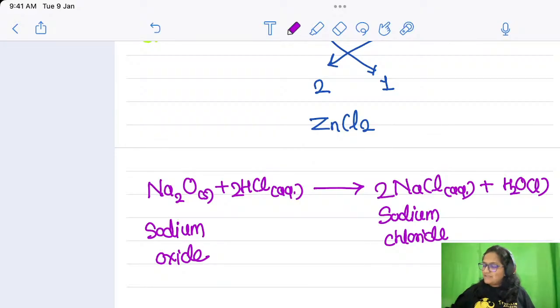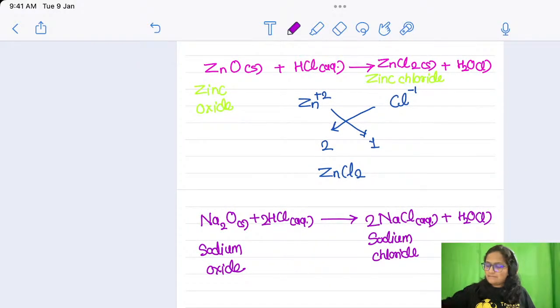So this is the reaction of metal oxides with acids, right? Yeah, just take a screenshot of this page.